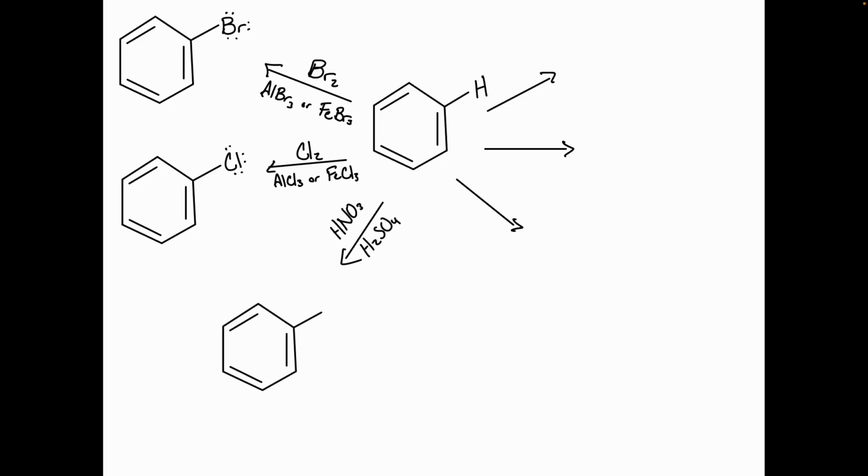And this is going to add one of those new functional groups we introduced last chapter, a nitro group, NO2, to the ring. Okay, so again, this is what we call a nitration reaction.